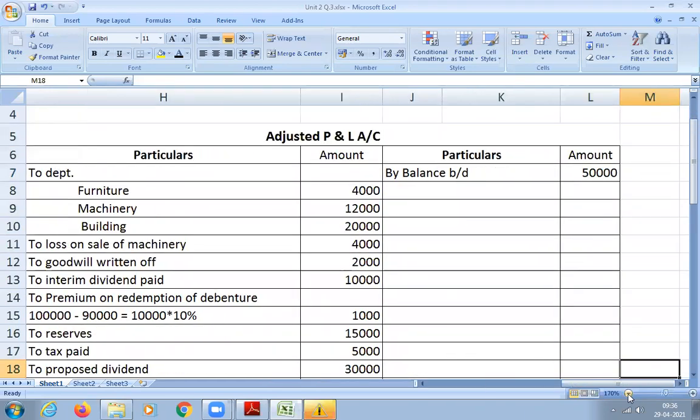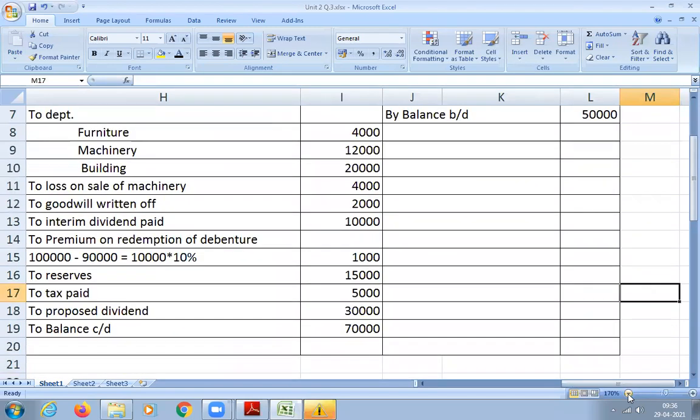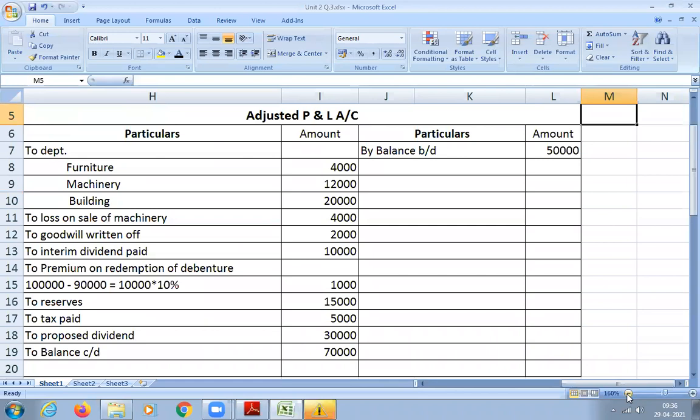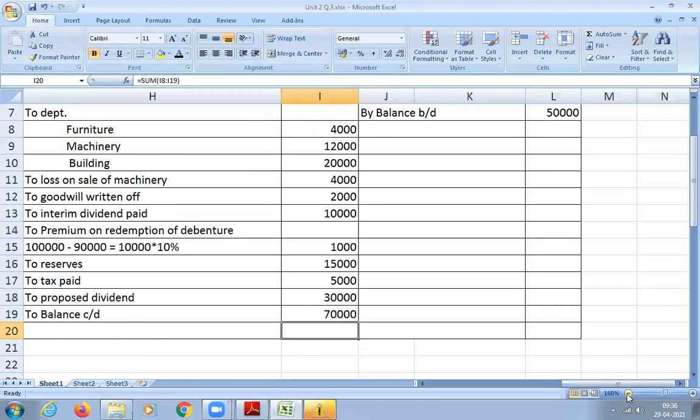If nothing is given, fund from operations, sir. Yeah, all of you balance, try to do it. Don't tell the answers. All of you please calculate the balancing figure. So the total is 1,73,000. Is that the total of the debit or credit side? Sir, the debit side. The debit side total is 1 lakh 73,000. All of you getting that, students?